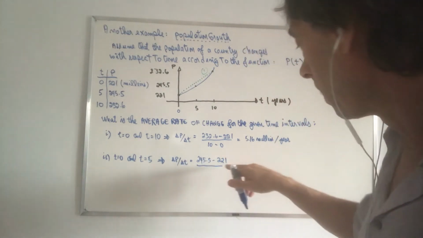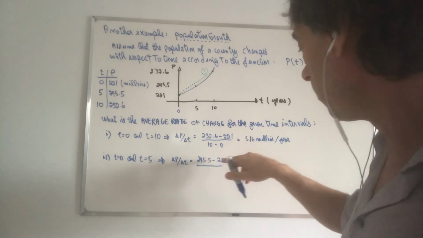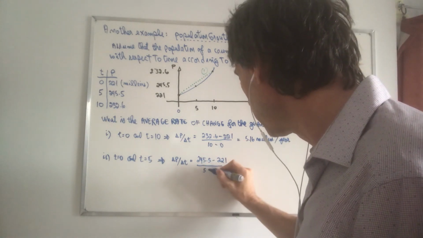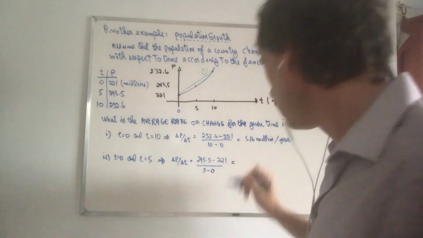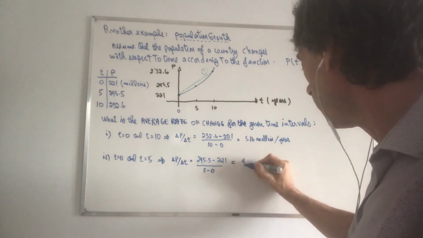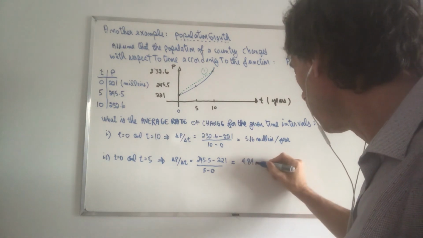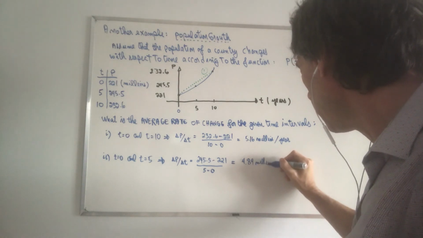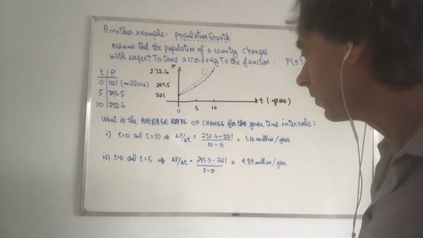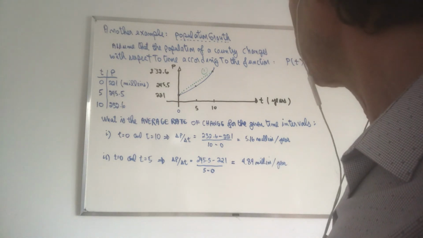So this time I got an increase of 24.4 million people, but over a span of 5 years. So if we do the math on this, we are going to get 4.89 million people a year. This is your average change in the population.